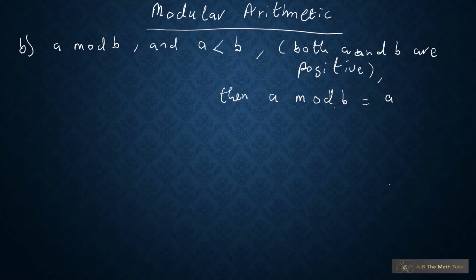So all you're saying is, if you're trying to find A in mode B, and A is less than B, and both of them are positive, then your final answer is A.